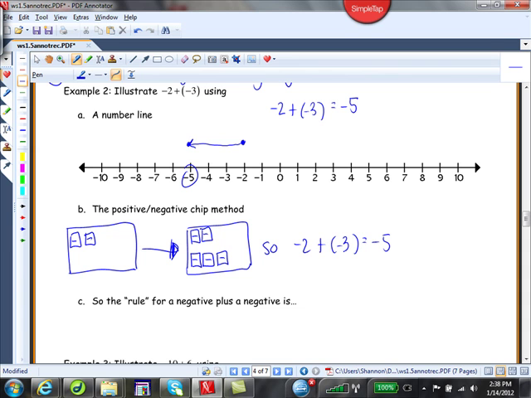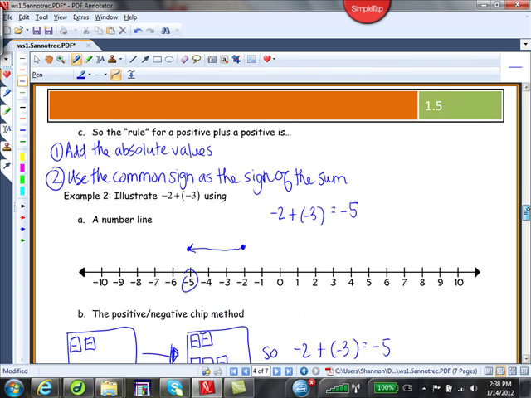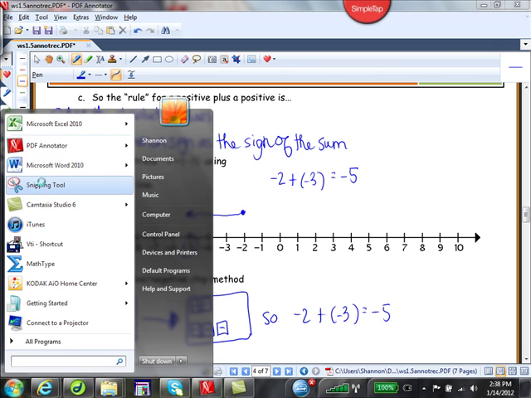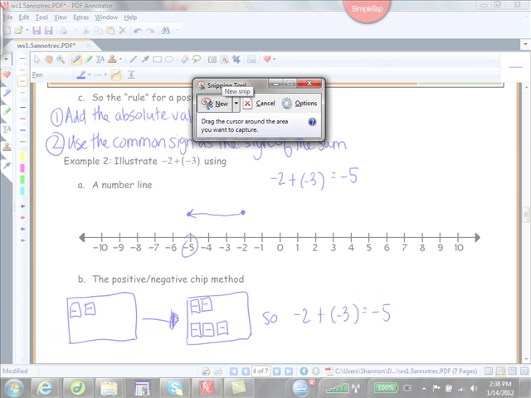There we go. So the absolute value of negative 3 is 3. So if we took 2 plus 3, we would get 5. And then the common sign is a negative. So you know what? It works. This is the same. In fact, if you don't mind, I am going to copy and paste because it's the same rule.